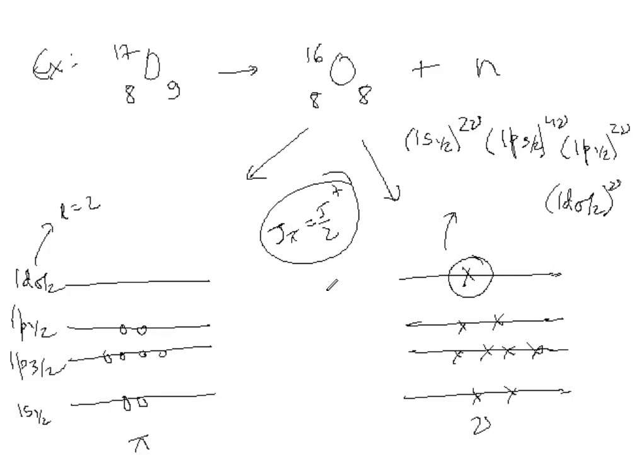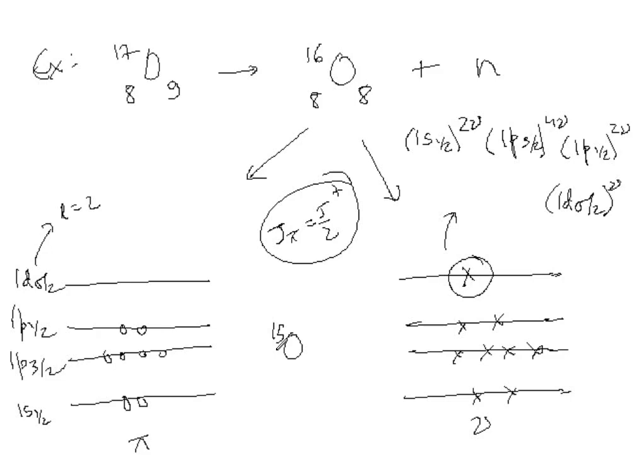But remember, this works very well only when we have a nucleon above a closed core, as in the example. It can also work very well for, say, 15 oxygen. What will happen for 15 oxygen? For 15 oxygen, basically, we will have one hole, or absence of a neutron, in the closed shell.